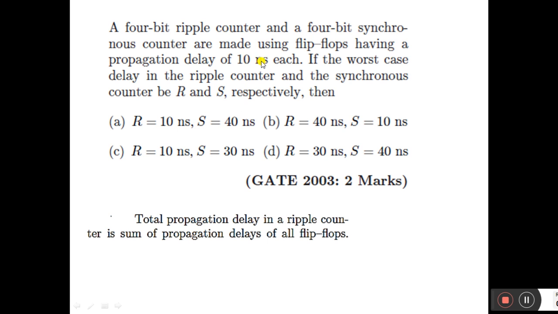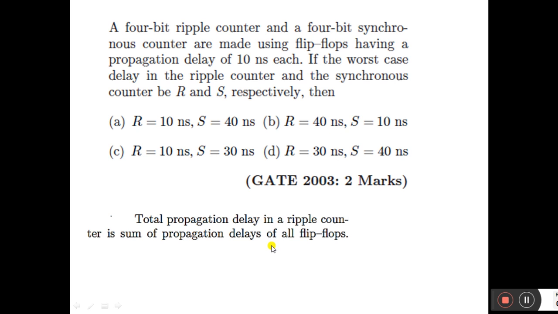Now R equal to 40 nanosecond. So by checking the given options, option B is correct. So no need to check the S value because R equal to 40 nanosecond is available in option B only. So R equal to 40 nanosecond.